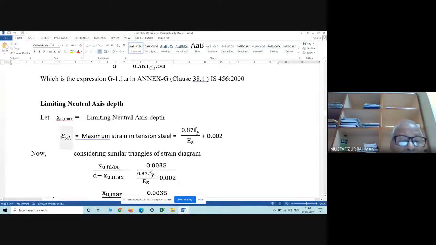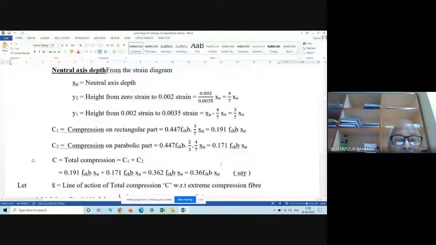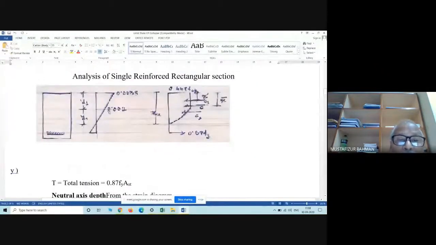Okay, now this epsilon st maximum, the maximum tensile strain, this expression I had already given. Now come to considering the strain diagram. Again, we will go, the strain diagram is this one, but we should draw a defined figure with respect to that one, but it will be similar. Okay.